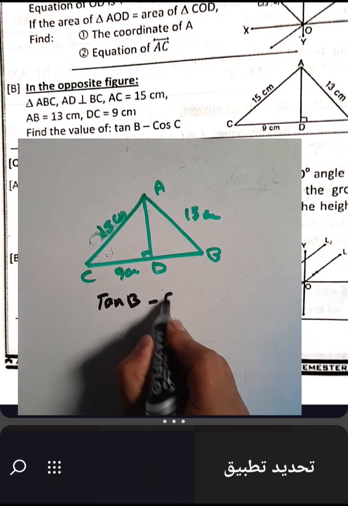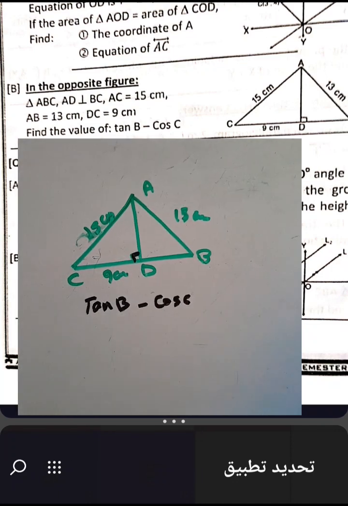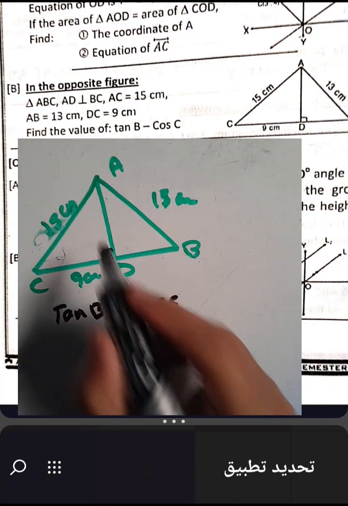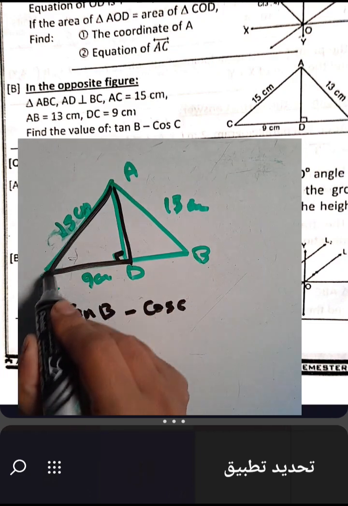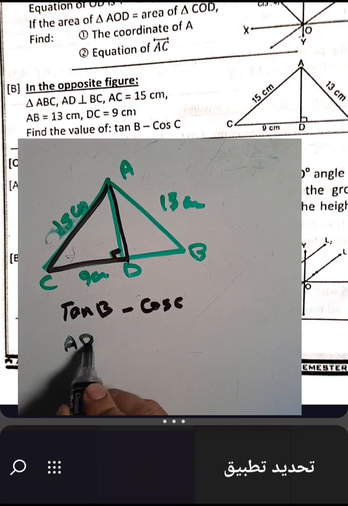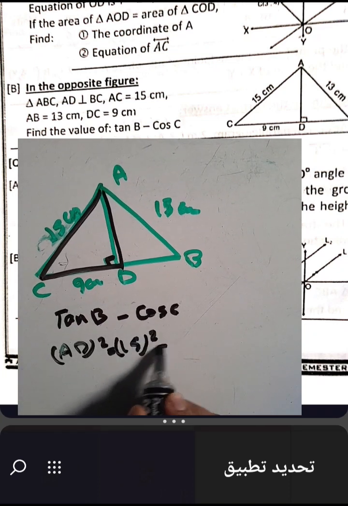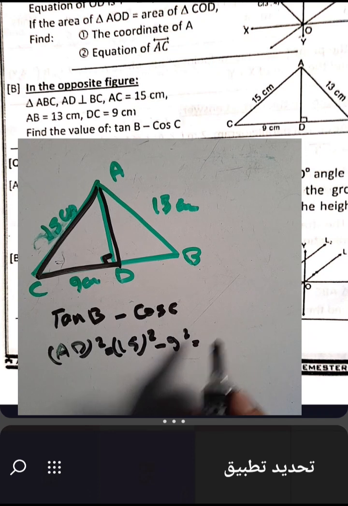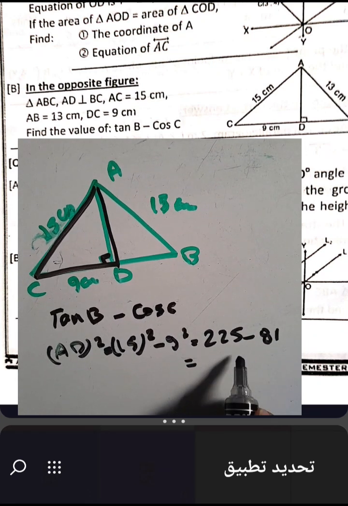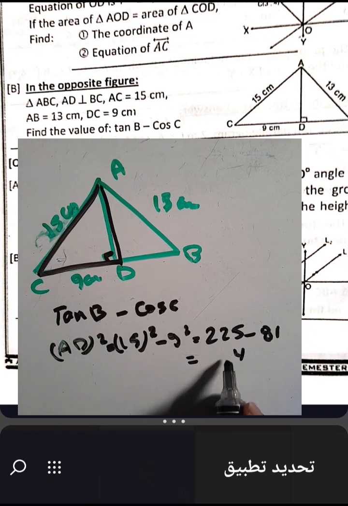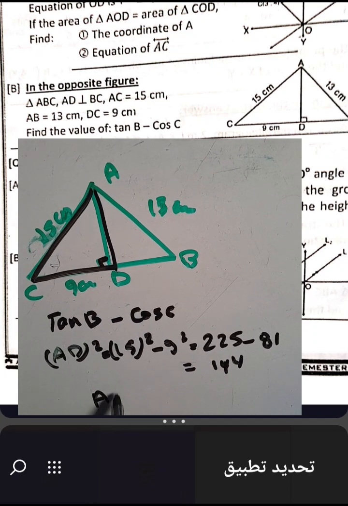tan B subtract cosine C. First, we can find the length of ED from the right angle triangle here. We can write ED power 2 equals 15 power 2 subtract 9 power 2. It will be 225 subtract 81, which equals 144. We can find the square root of it to find ED.